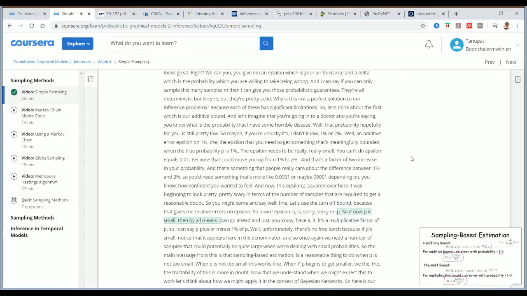So if p is small, then by all means I can just say p plus or minus 1% of p, since it's a multiplicative factor of p. Well, unfortunately, there's no free lunch, because if p is small, notice that it appears here in the denominator, and so once again, we need a number of samples that could potentially be quite large.